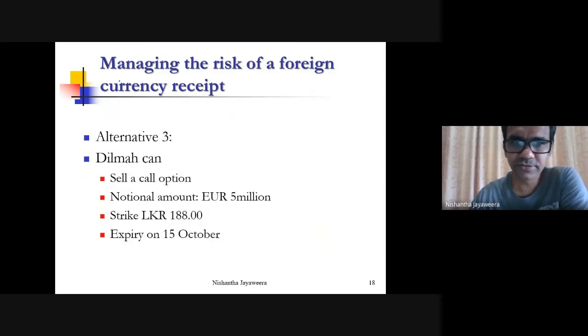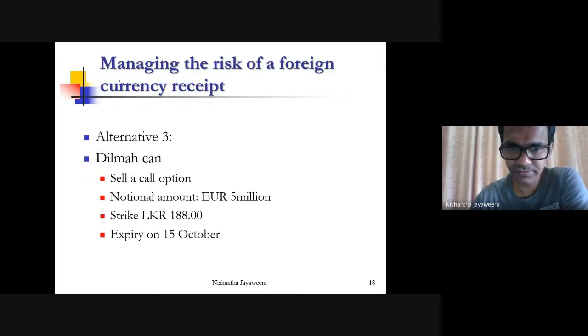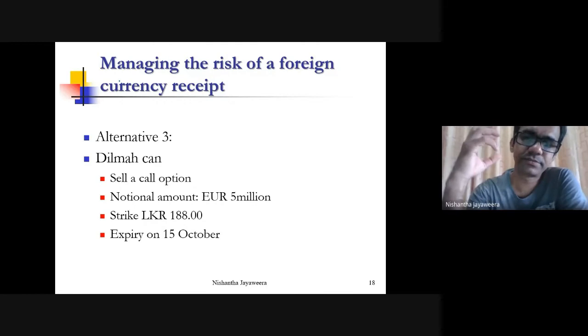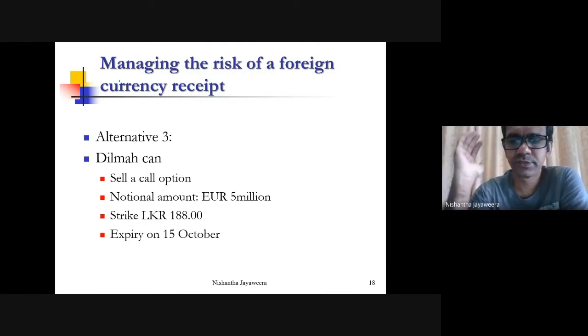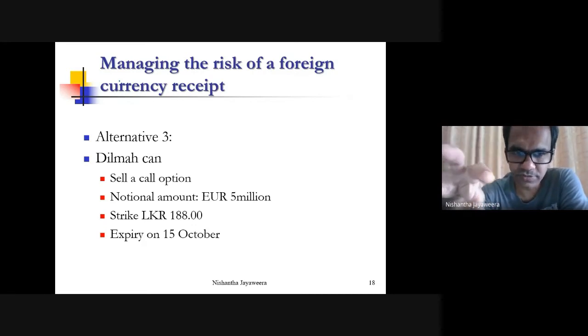In alternative 1 and alternative 2, you can completely hedge your position and eliminate your foreign exchange rate risk. If the market moves against you, you would still get the contracted price, the full amount.